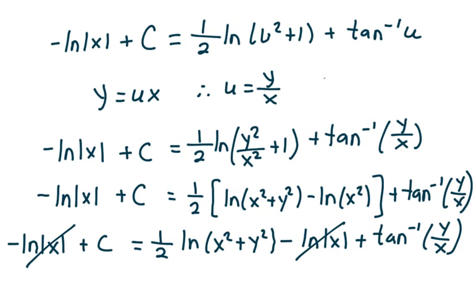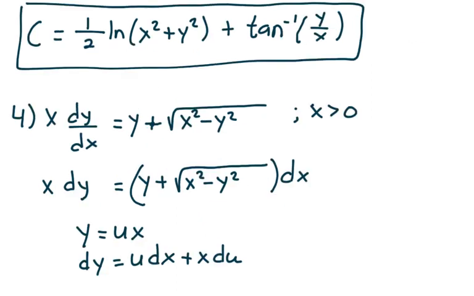The next two lines are a fair amount of algebra, and when this gets reduced, we should come up with c equals 1/2 natural log of x squared plus y squared plus arctangent of y over x.